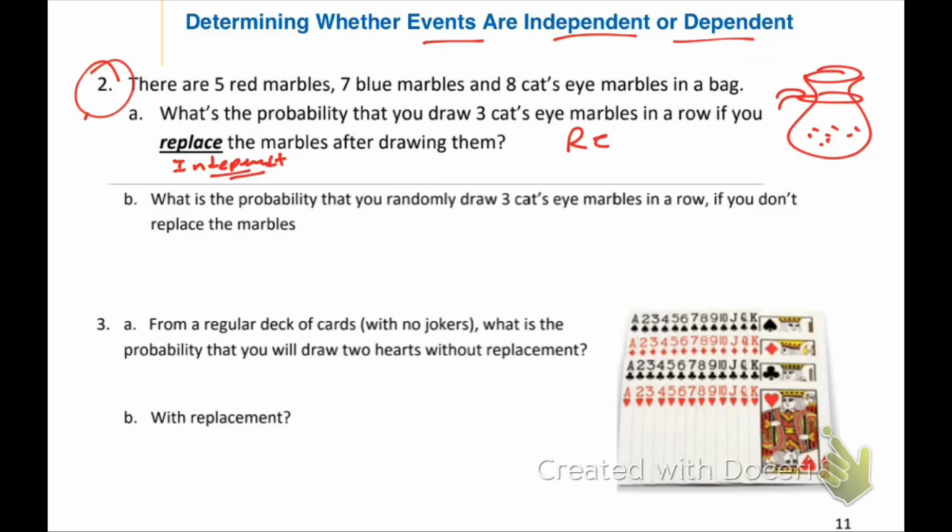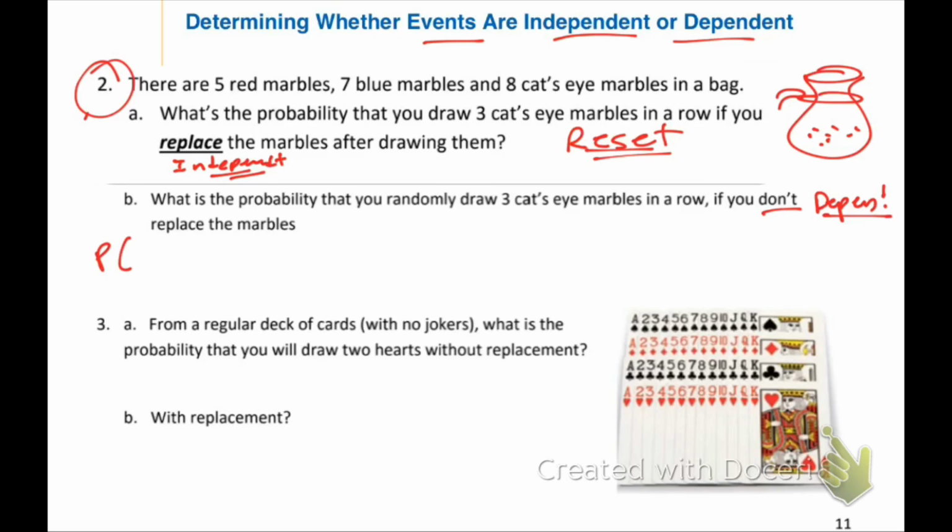because you reset everything. Well, let's say in this example, example B, what's the probability that you randomly draw 3 cat's eye marbles in a row if you do not replace the marbles? So now, since we do not replace them, we will not be resetting the system. The one event actually affects the second one because you're changing the total. So this is dependent.